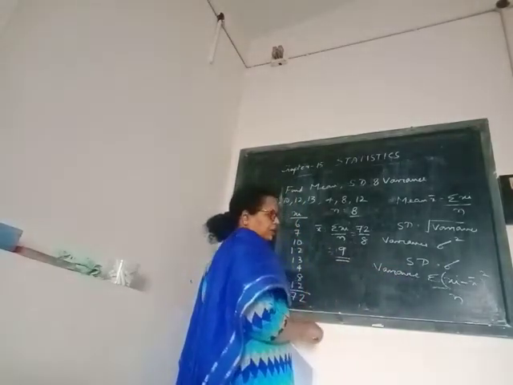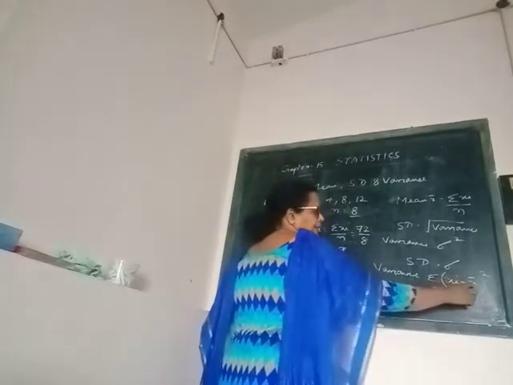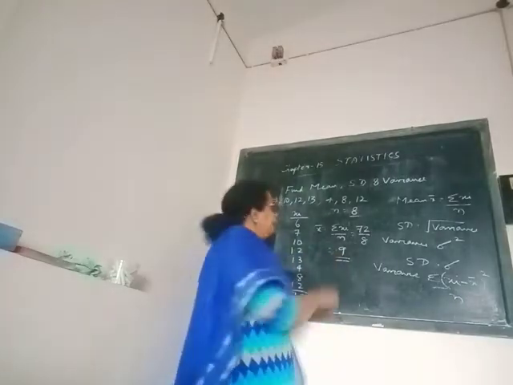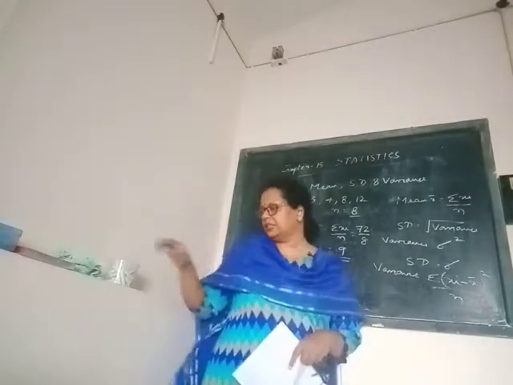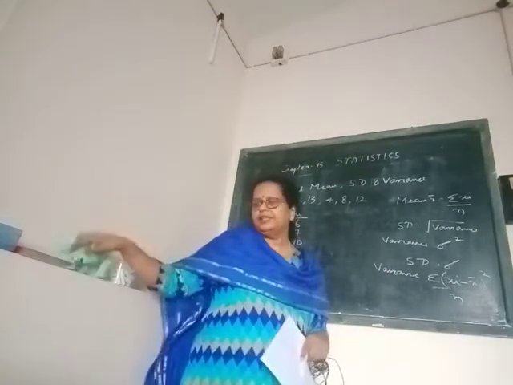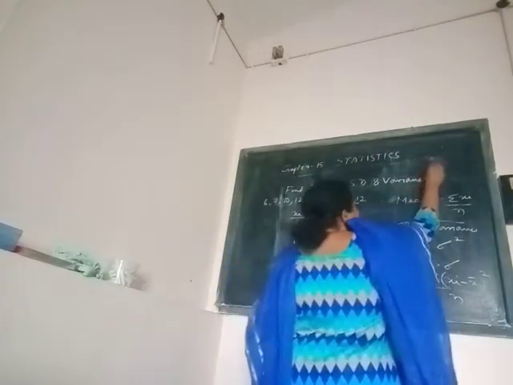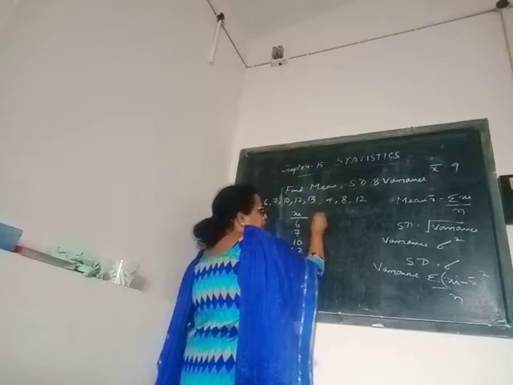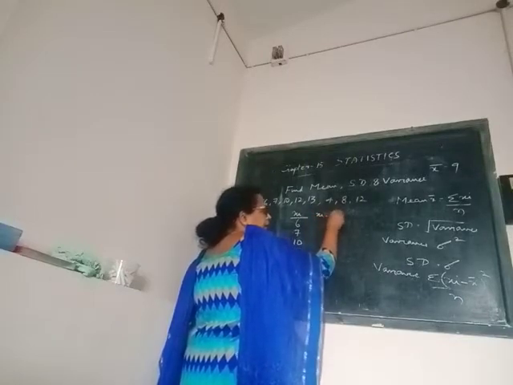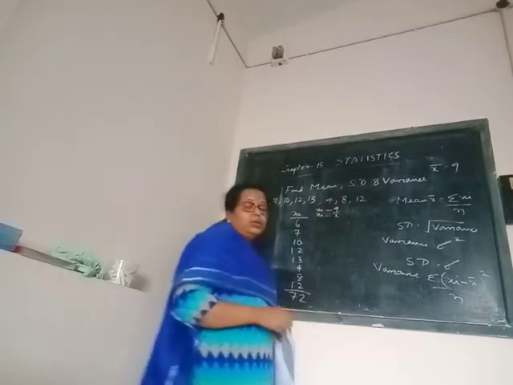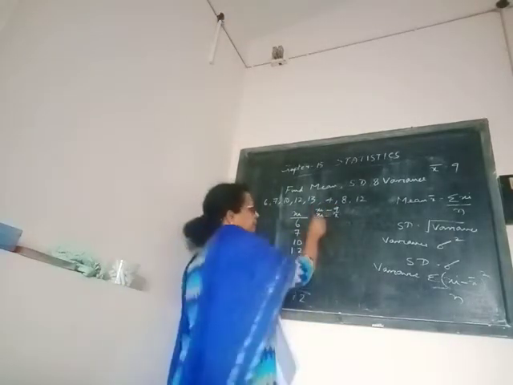Variance, how to find? It is how xi varies from x bar. After finding x bar only, we can find xi minus x bar. So we got x bar is 9. Next, the xi minus x bar column, or you can write xi minus 9. It is xi minus x bar because 9 we got as x bar.